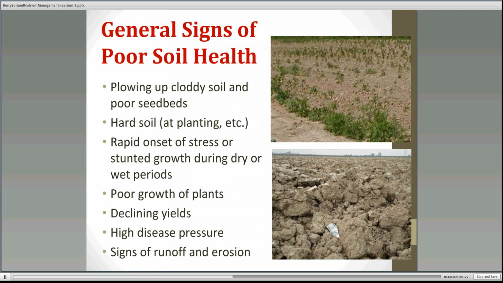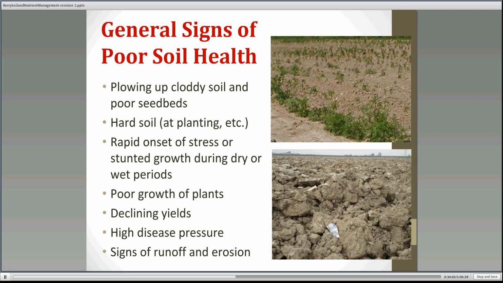Some characteristics or signs of poor soil health include when you plow up cloddy soil and you have poor seed beds, those are signs that you might have poor soil. You might have hard soil at planting. It tends to get that surface soil hardness on it, which is a real problem.